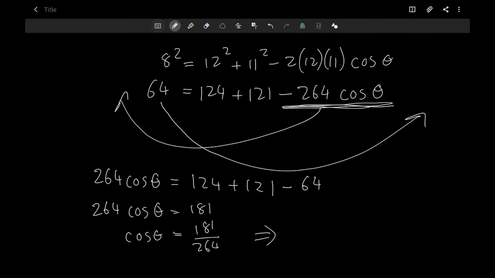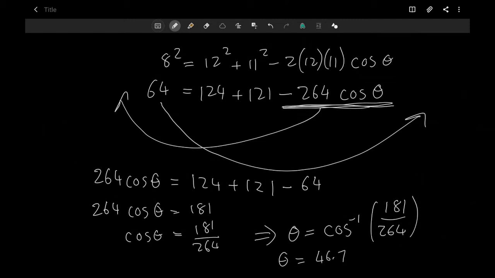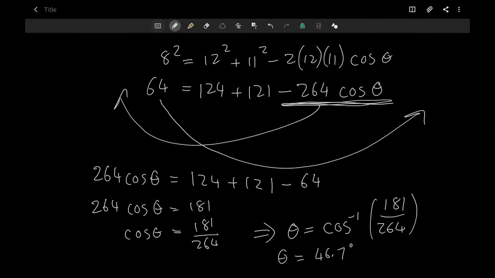To get theta, we do the inverse cos. So theta is equal to the inverse cos of 201 over 264. We plug that into a calculator and we get theta is equal to 40.5 degrees. Let's do two more quick examples, and we'll do these two examples together.